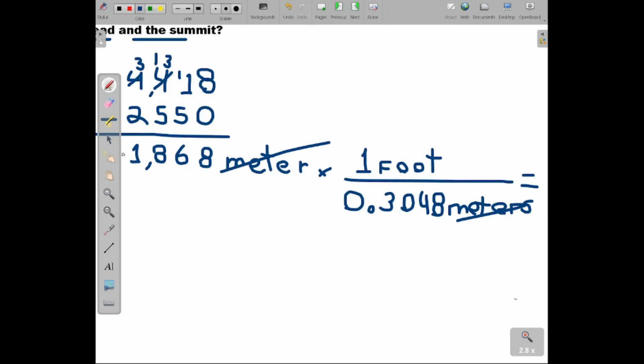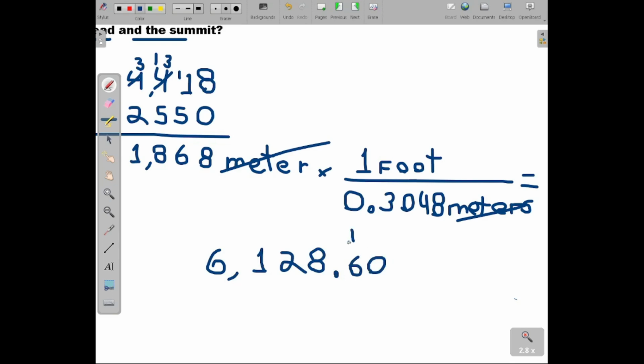Now we multiply 1,868 times 1 divided by 0.3048, and this is equal to 6,128.60.